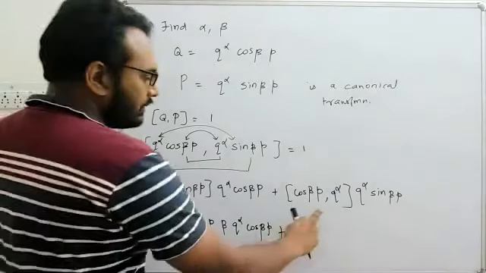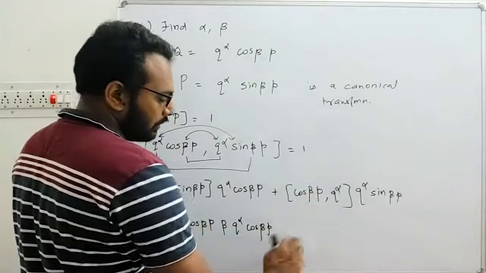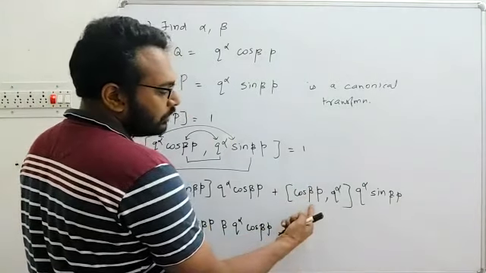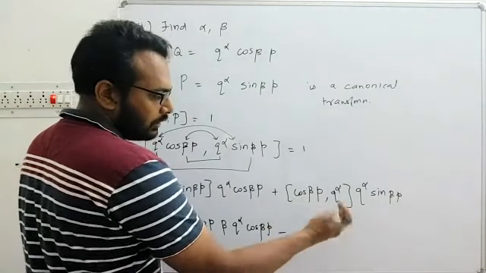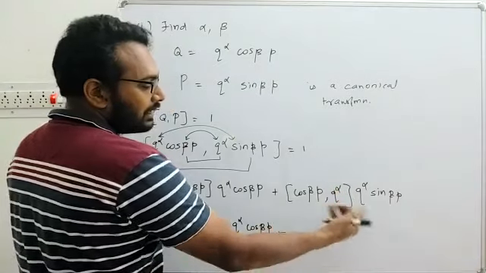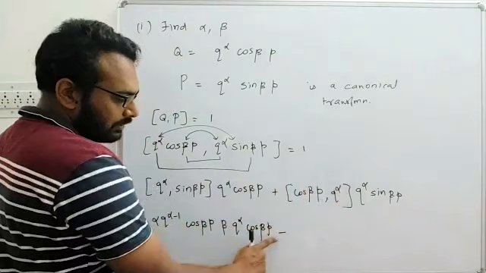From here, you see that again the non-zero term is the second term. The first term is 0 because if you take the derivative with respect to p here, or a derivative with respect to q of the first term, that's 0. So here you have only the second term, with a minus sign.